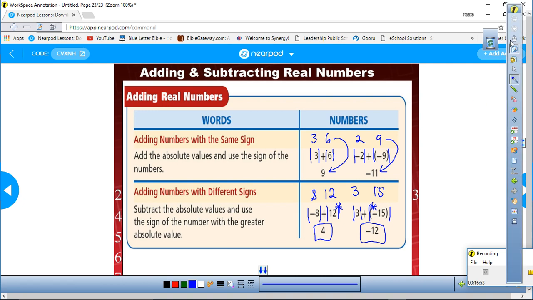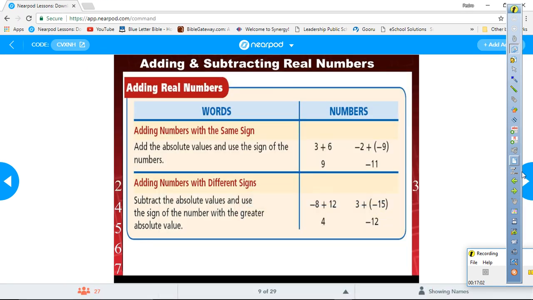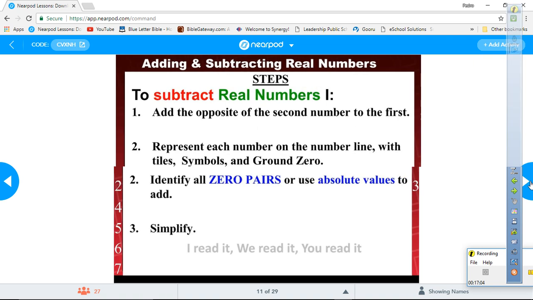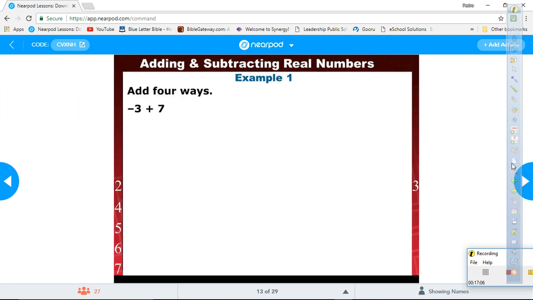Okay, so what we're going to do, we're going to add and subtract using 4 different methods. Turn your paper over, and write example 1. Example 1.